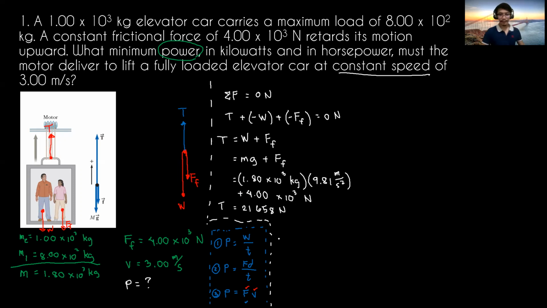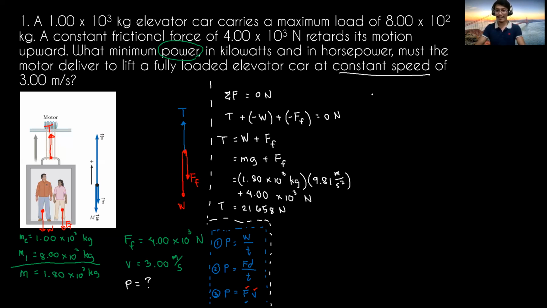Okay, sir, do we need to round it off to the number of significant figures? Um, we can, but to be sure of our answer, let's not round off yet. Why, sir? Because that's not our final answer yet. So don't round off yet.